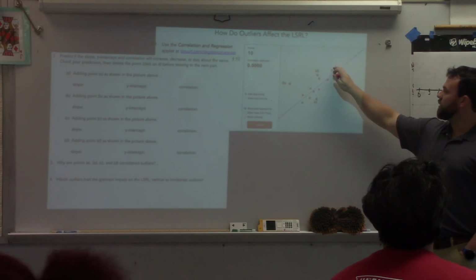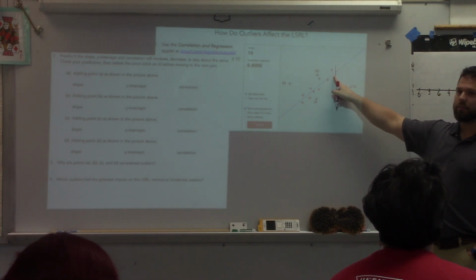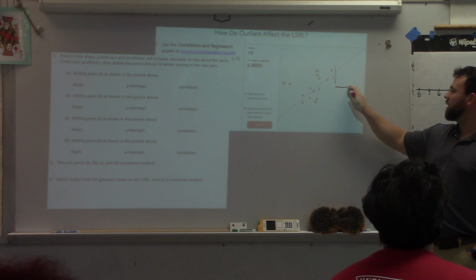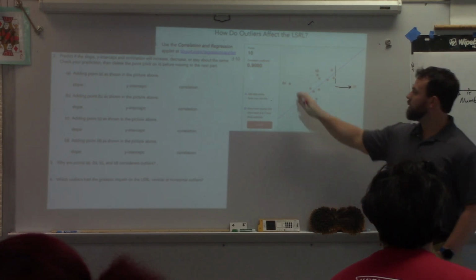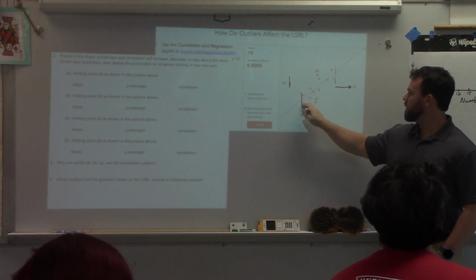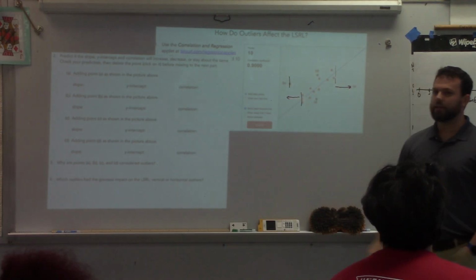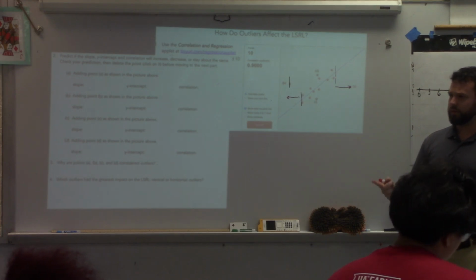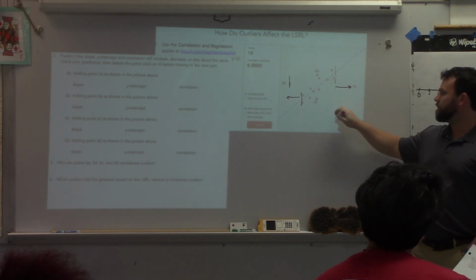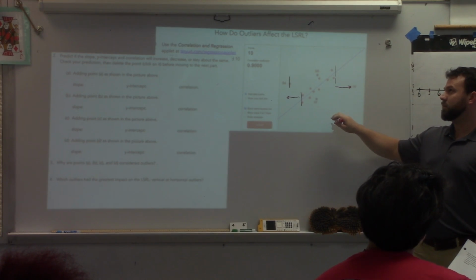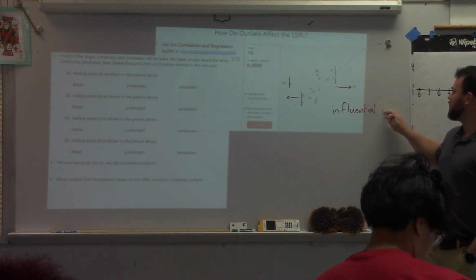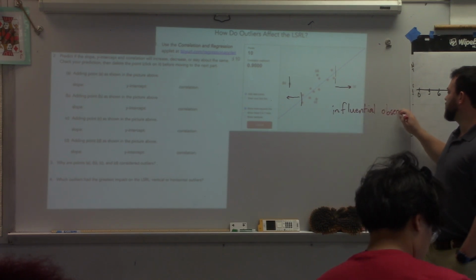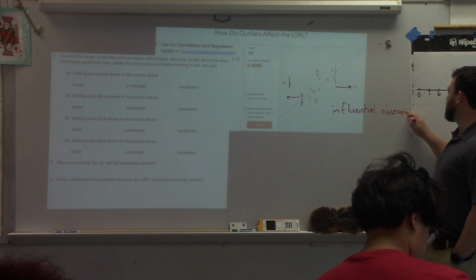What it really is, though, I want you to notice, that's where the last set of data points are. So that's pretty horizontally far away from the rest of the data, right? Yes. This data point is pretty far horizontally from the data. And we call those influential observations.